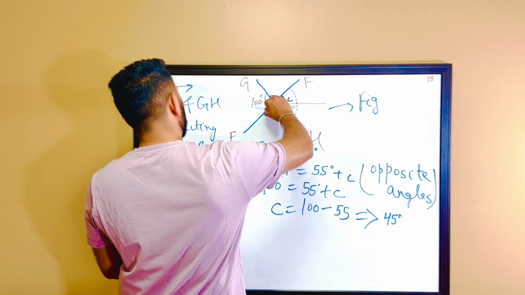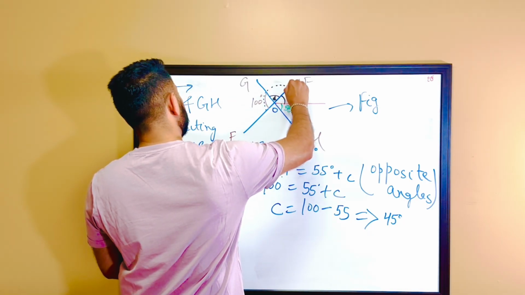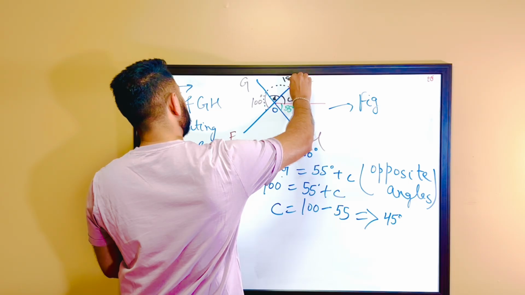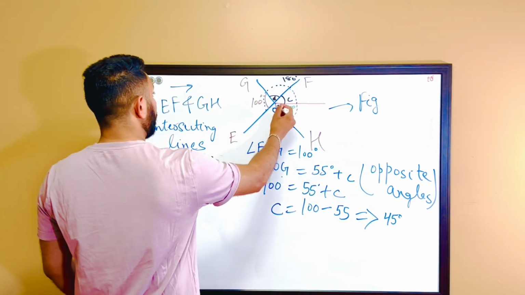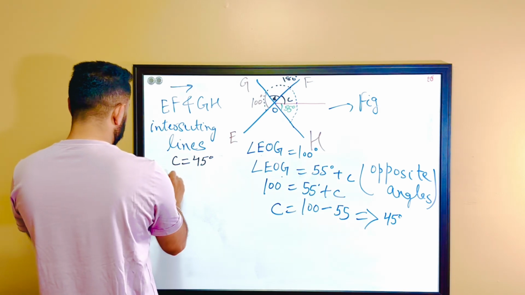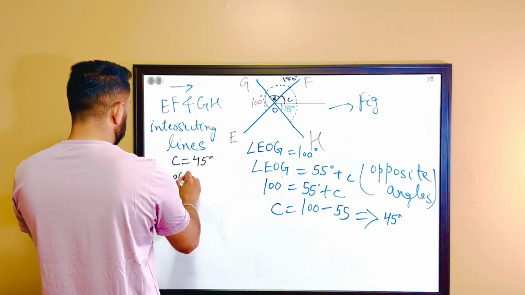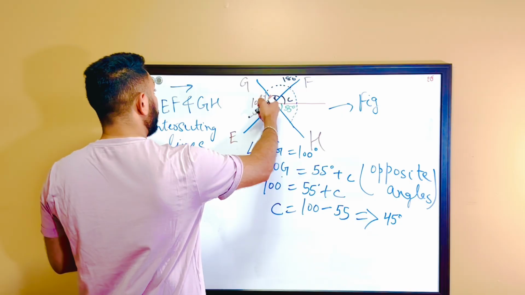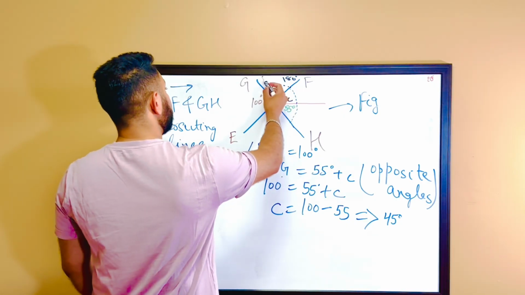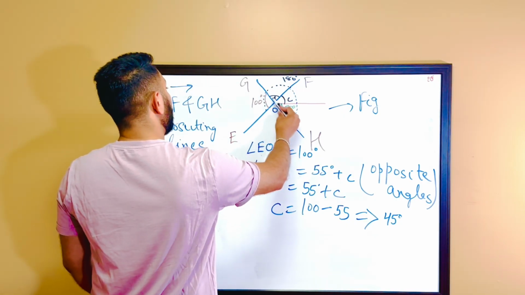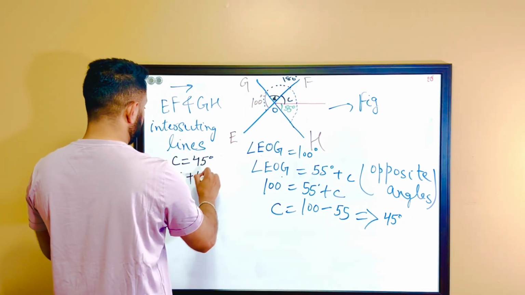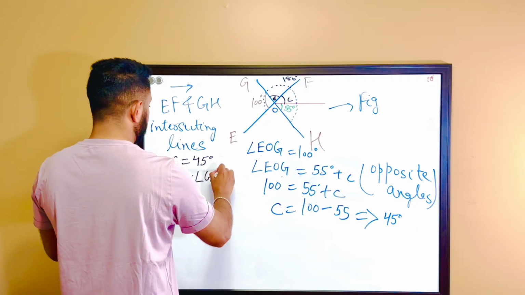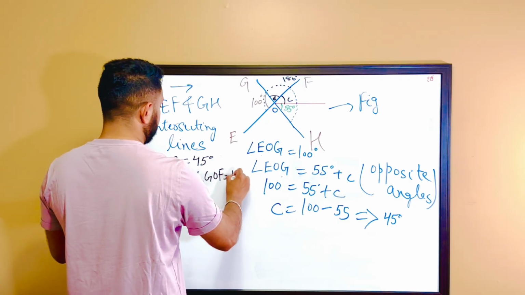That means this whole angle is 180 degrees. So EOG plus GOF is 180.